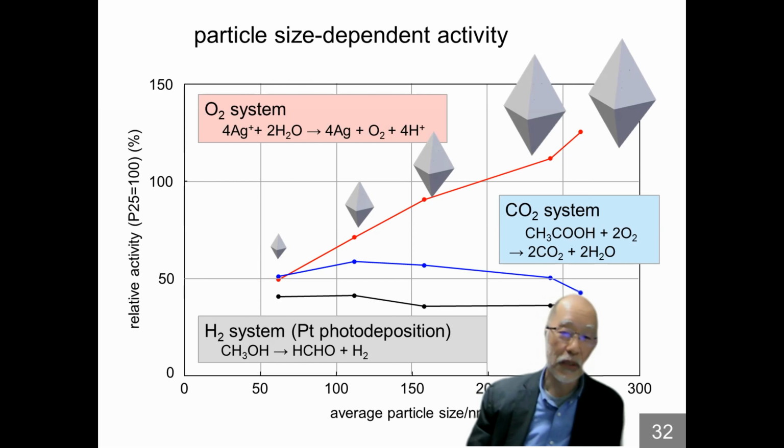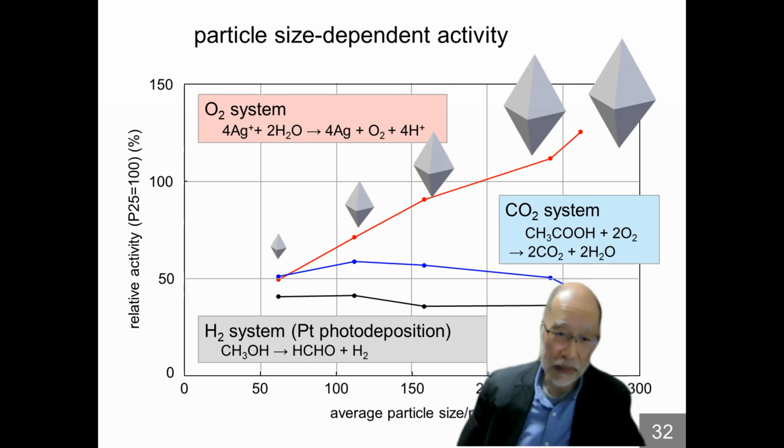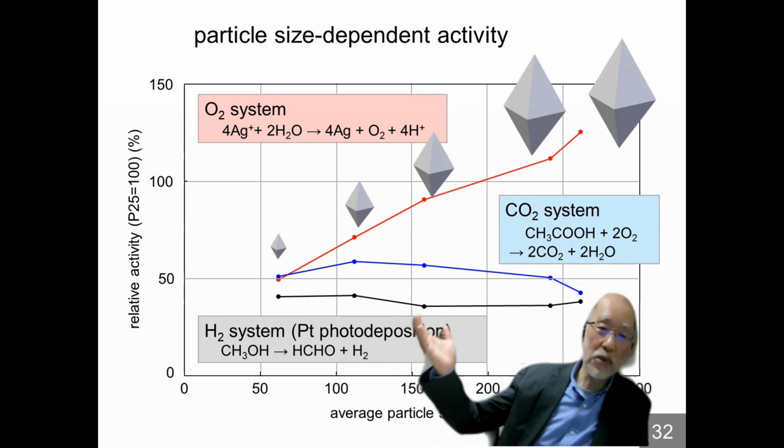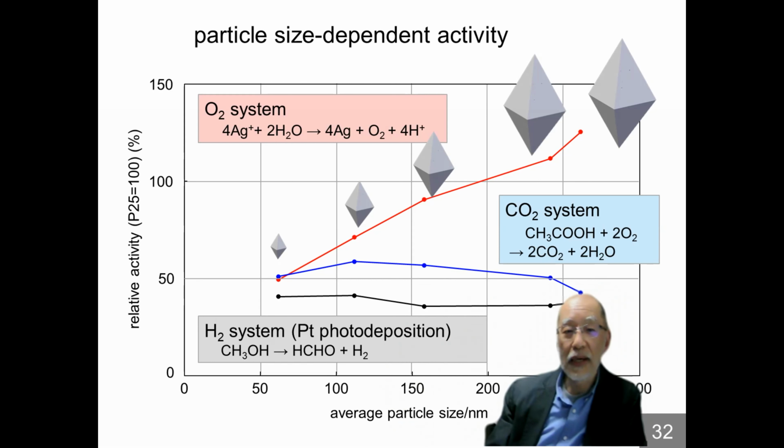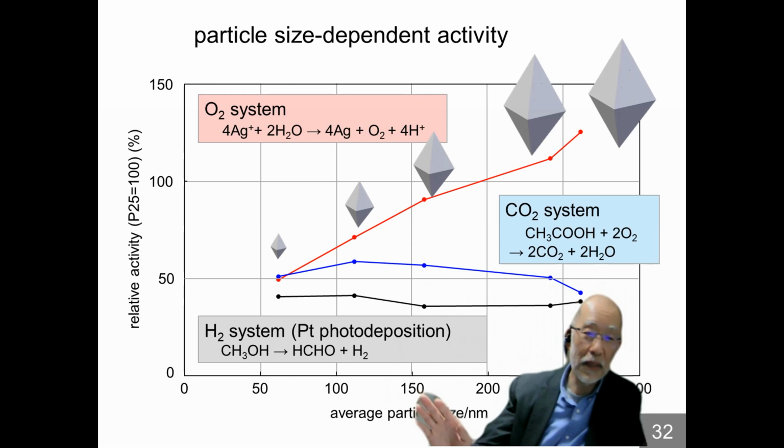Many papers reported that for those reactions, carbon dioxide production or hydrogen evolution, the smaller the better, or the higher the specific surface area, the higher the photocatalytic activity. Almost all the reports tell that.